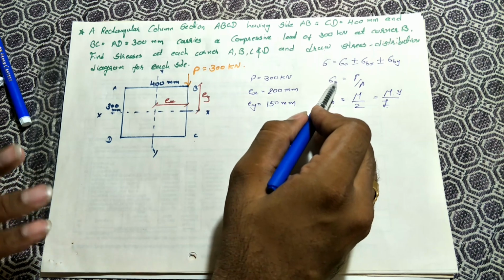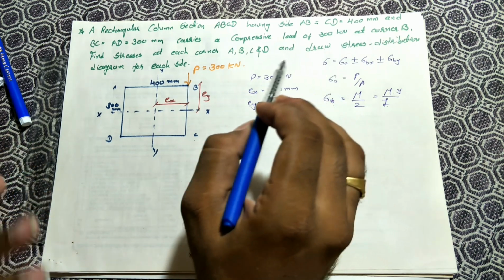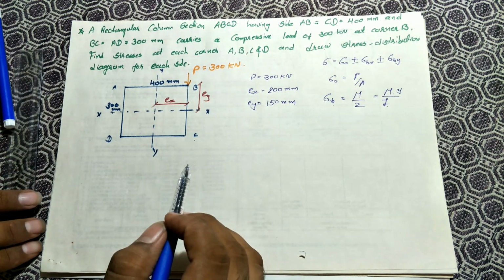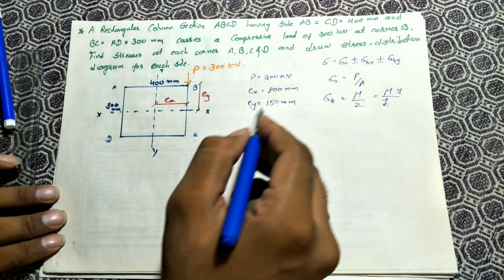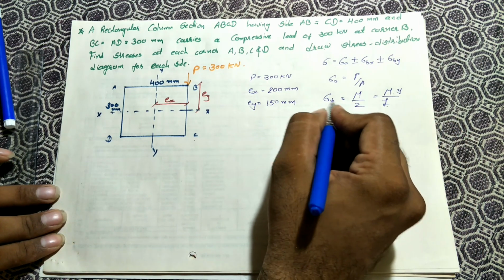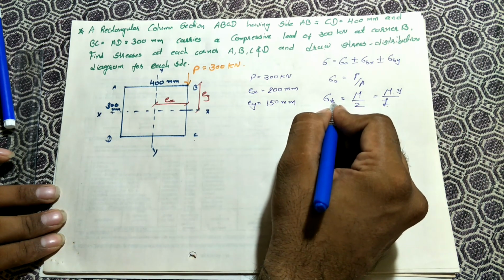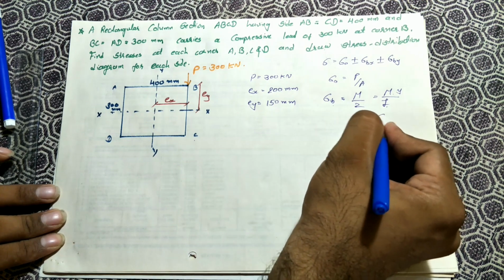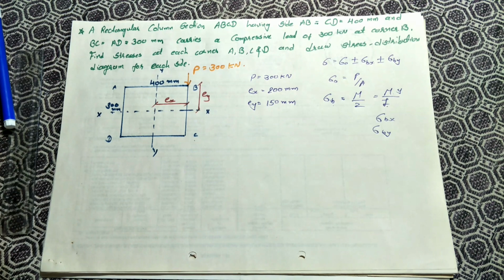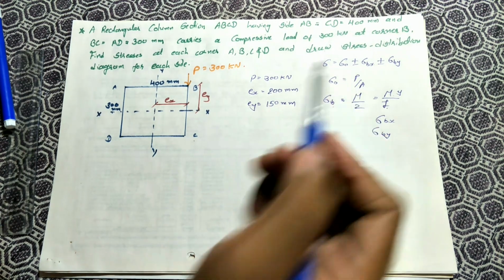Direct stress is acting directly, so no axis we need to consider. So we have formulas for bending in the x direction and bending in the y direction. First we'll calculate direct stress.